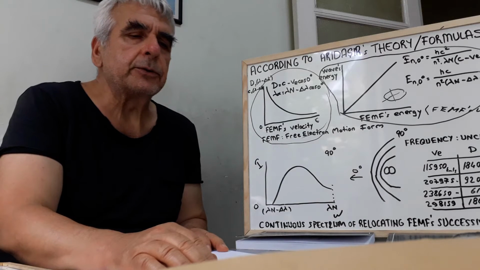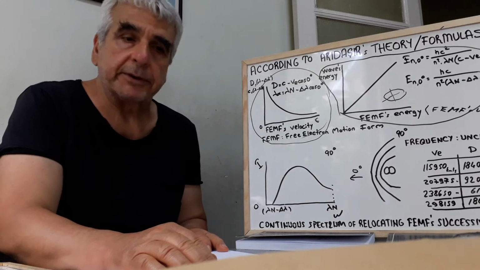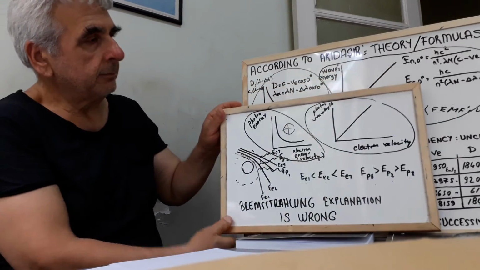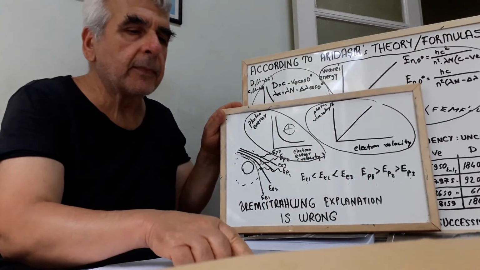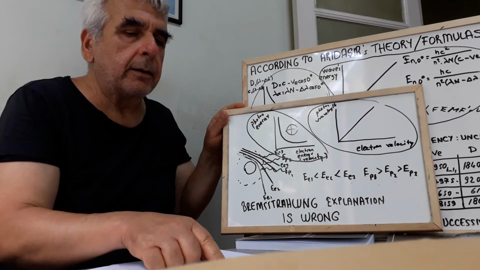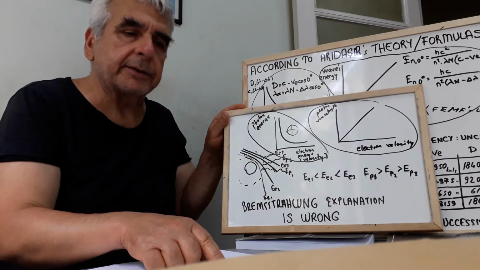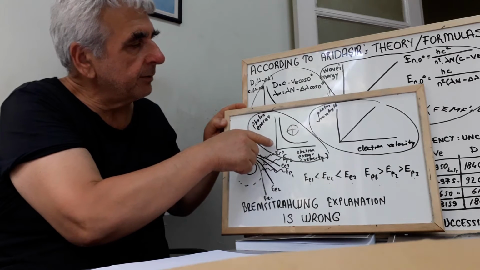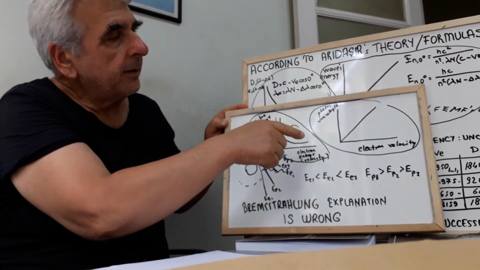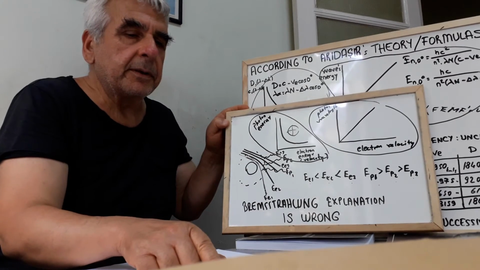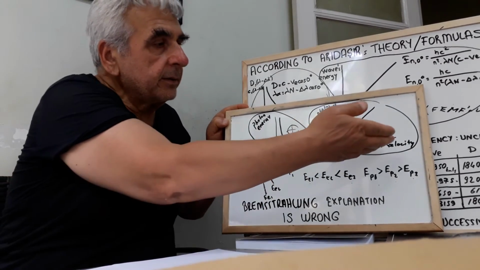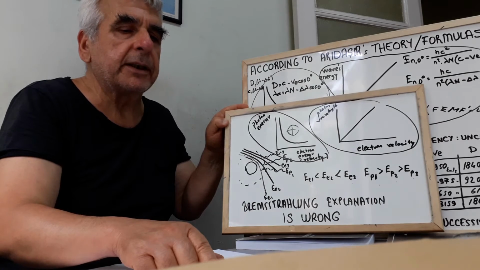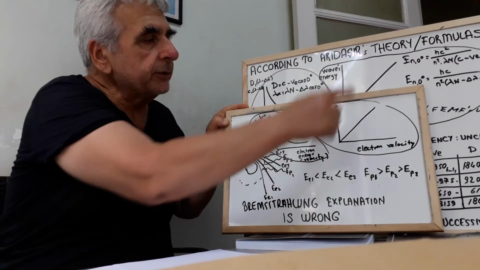Whereas, according to accepted physics and the Bremsstrahlung explanation, the speed of the photon emitted by an electron doesn't change, while the electron's velocity decreases, and the wavelength of the photon emitted by the electron is directly proportional to this electron's velocity.